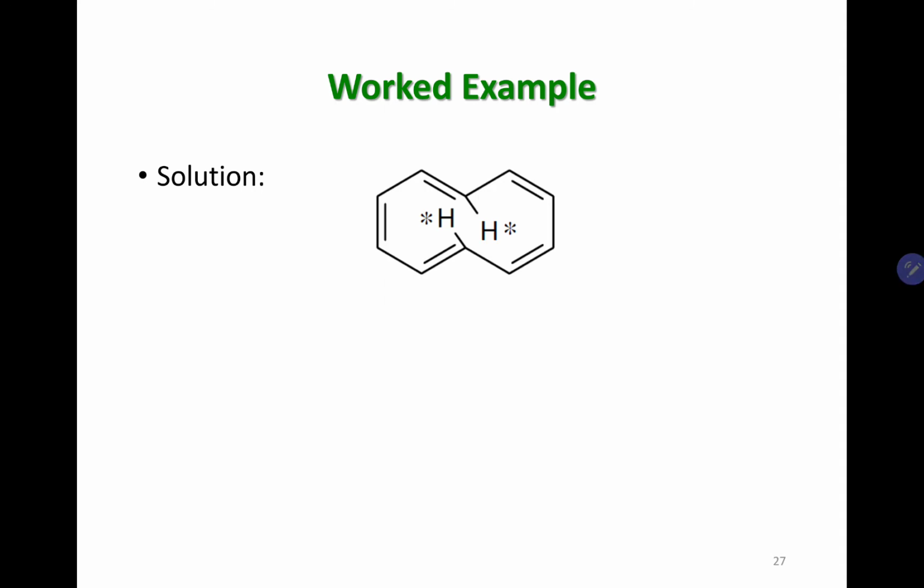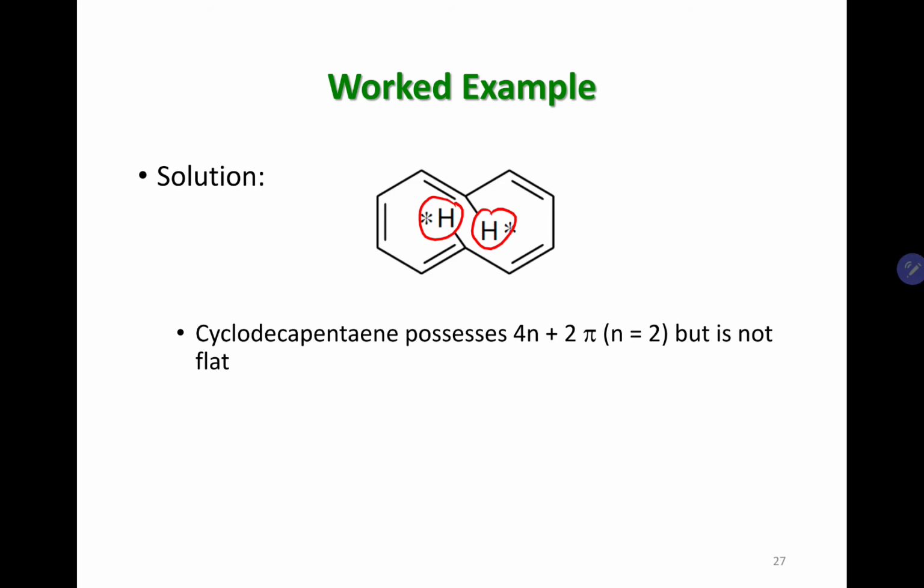If you try to draw this molecule, you will realize that you will have 2 hydrogen atoms that are violating their personal space, or in other words, they are too close to each other. Because of this, the molecule will be twisted.